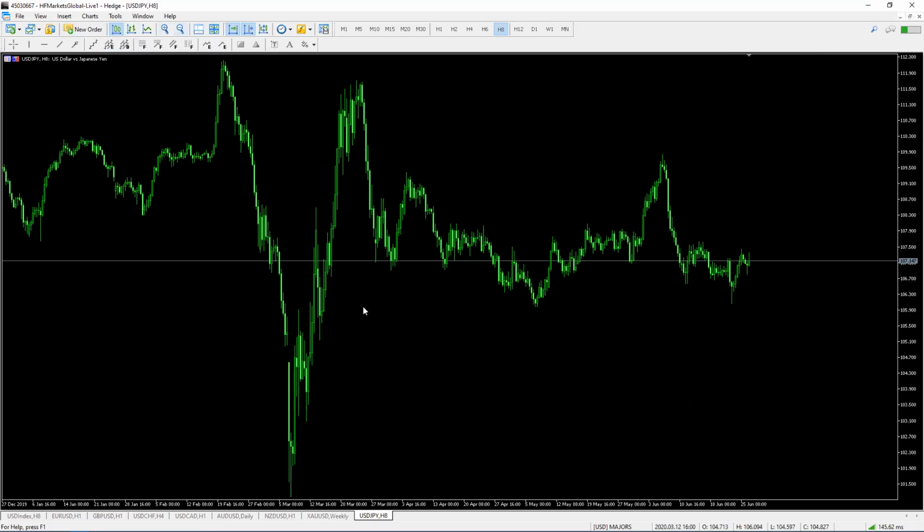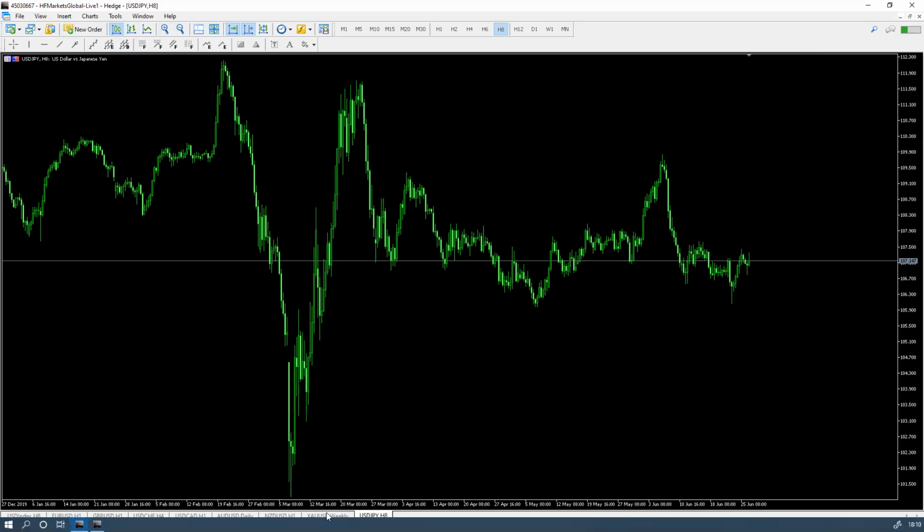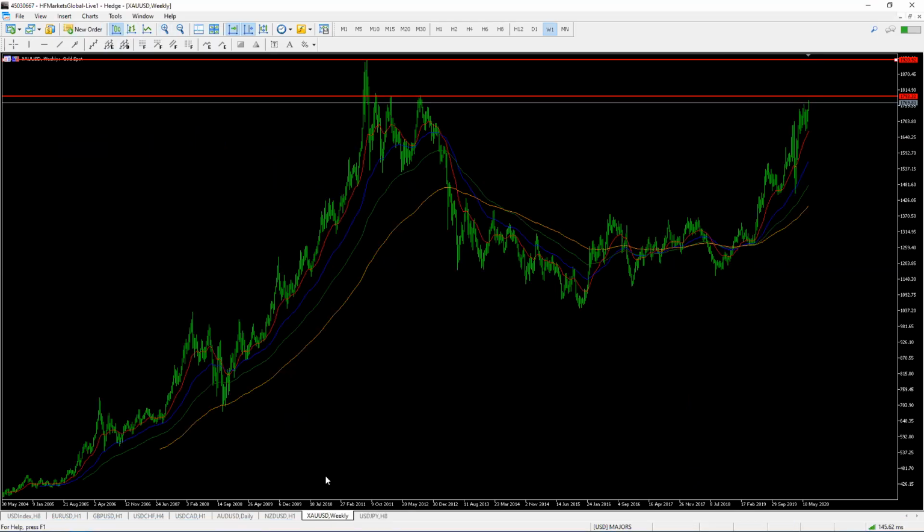USDJPY, let's see. Something happened, I don't know, I'm not certain. Just a minute. Really don't get why it's loading. What's happening?